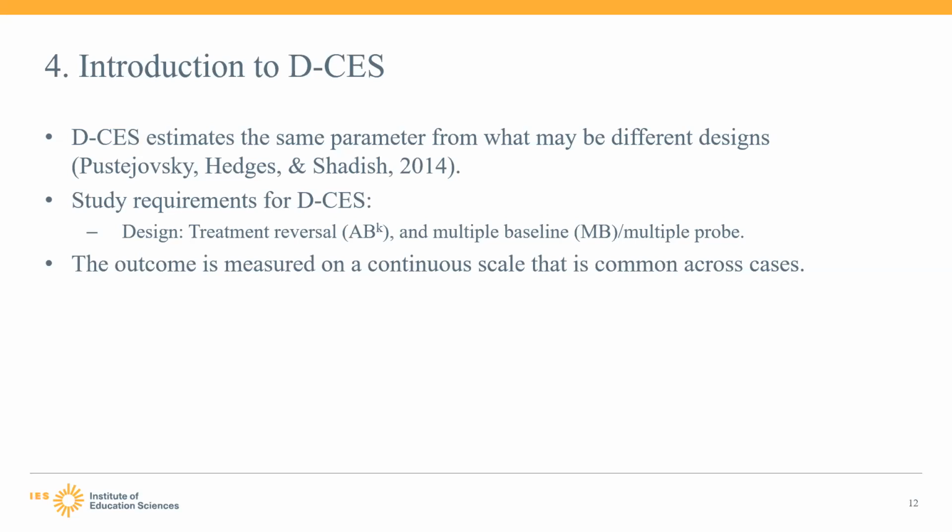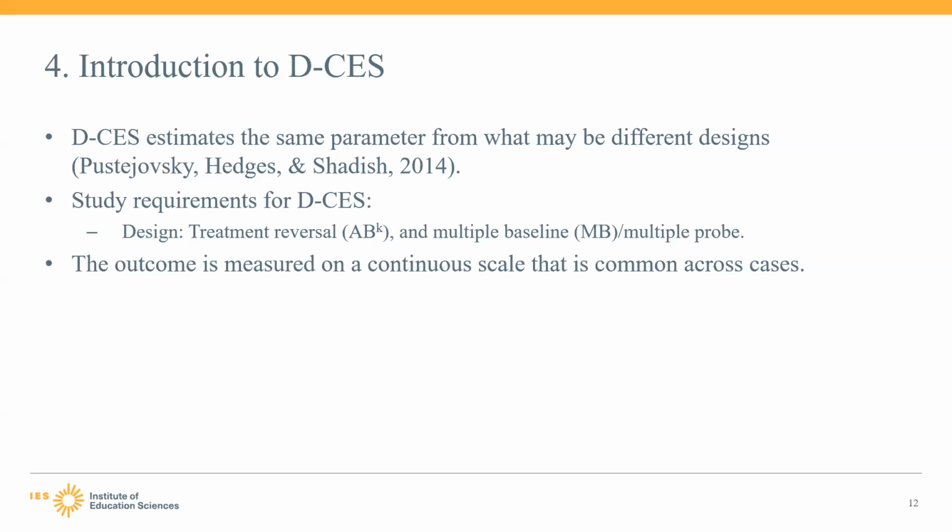They proposed methods for estimating the effect sizes from data collected in treatment reversal designs in 2012 and multiple baseline designs in 2013. For both designs, the effect size estimators were designed to be expressible using closed form algebra.